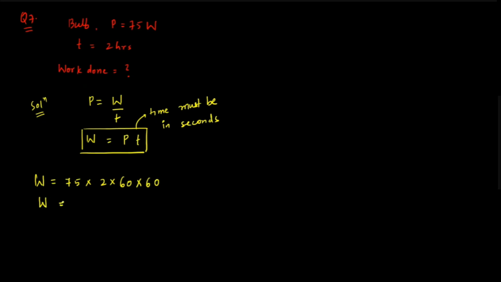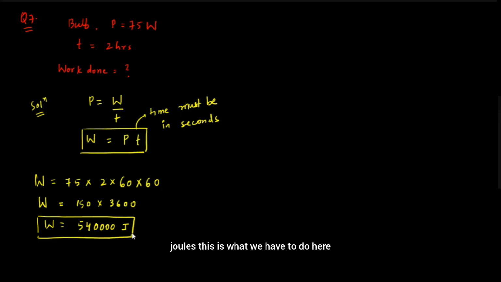So work done is going to be 75 times 7200, that is 540,000, which is approximately 54 times 10,000 joules. This is what we have here.